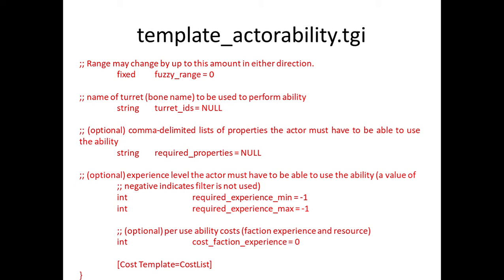Next, we have cost faction experience. Again, very straightforward. This is how your special op abilities work. They cost a certain amount of experience, like courage, I think costs 300? Or fighting spirit, whatever you want to call it. Very straightforward. Cost template, cost list. This is so you can have abilities cost actual money to use. I do not recommend you use this.